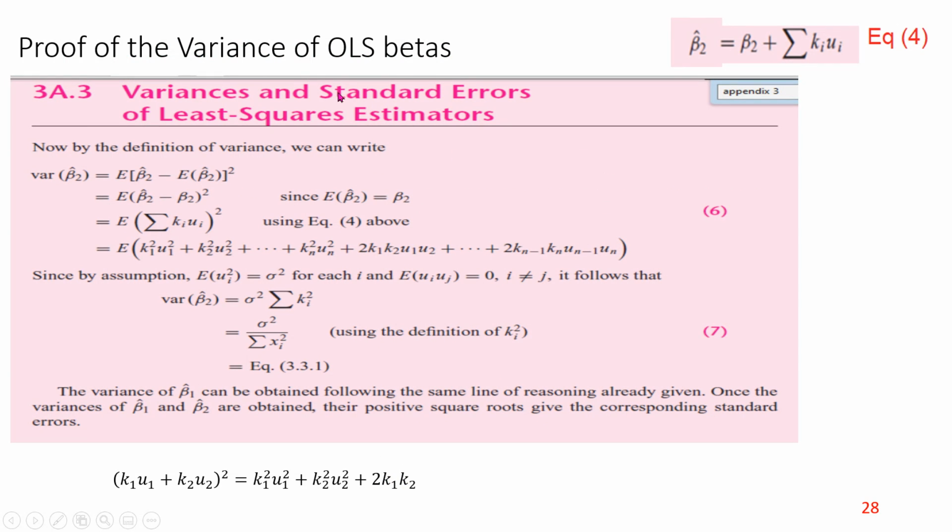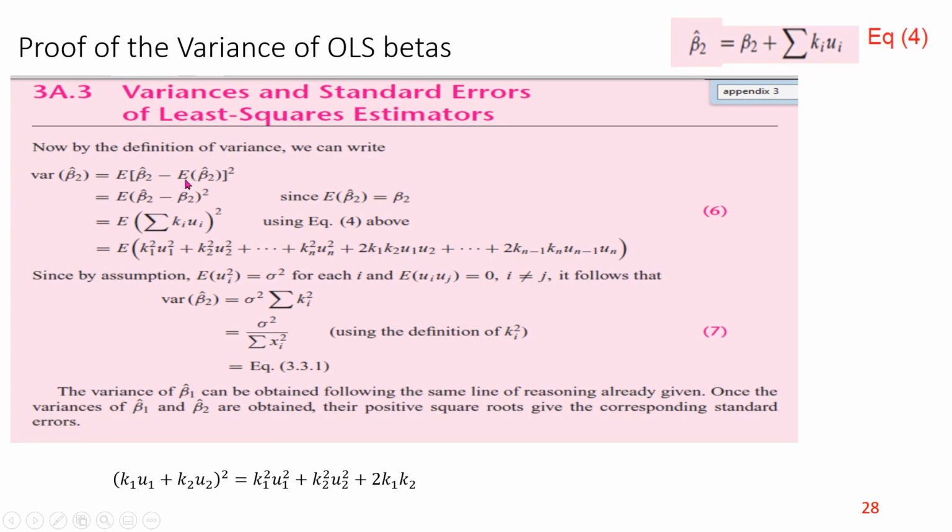Next we do the proof of the variance of OLS beta. Here we start with the basic definition of variance. We know that the variance of a random variable is equal to the expected value of that variable minus the mean of that variable, and then the whole square. So for beta 2 hat and the expected value of beta 2 hat, we just proved that it is equal to beta 2.